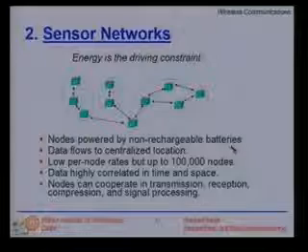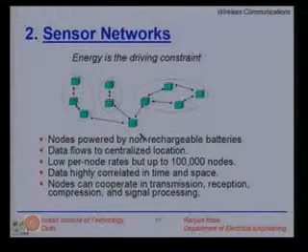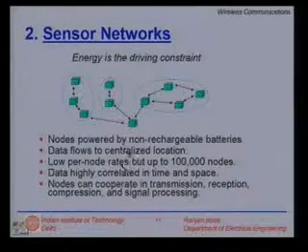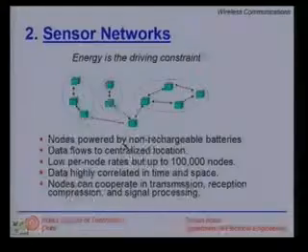Nodes are powered by non-rechargeable batteries. So some of the motes that you can buy off the shelf today can last 5 years without recharging. Because if I put up a sensor network to determine forest fires, I cannot go to the forest every year to change the batteries. So one of the big constraints is energy efficient design.